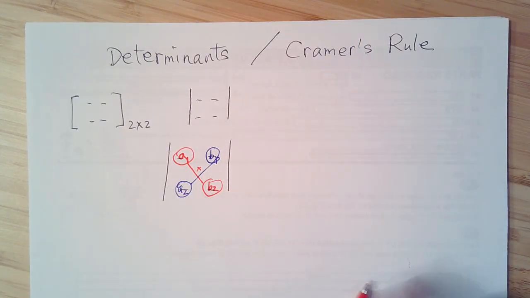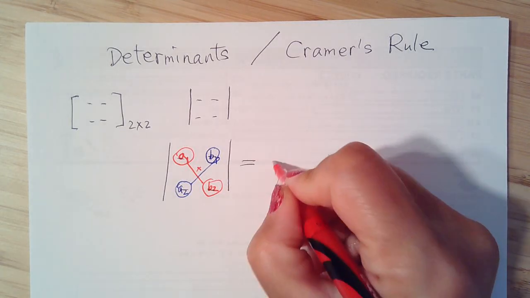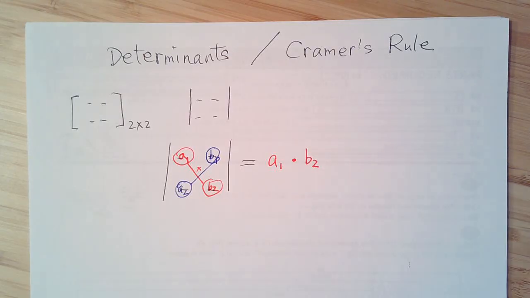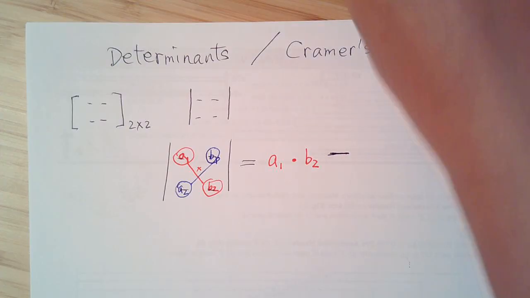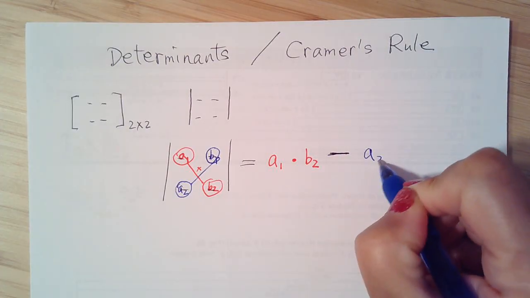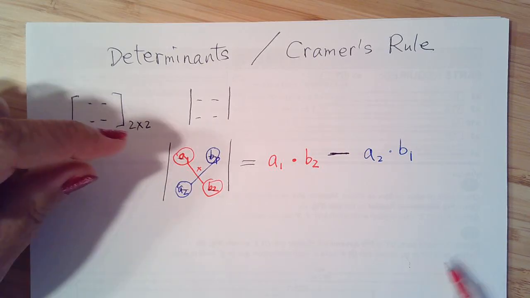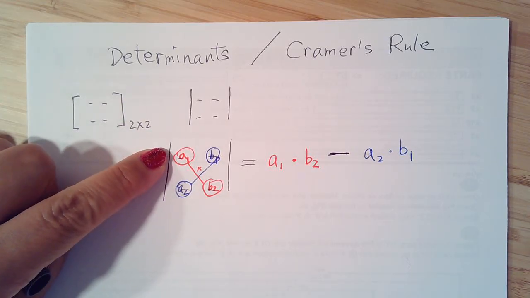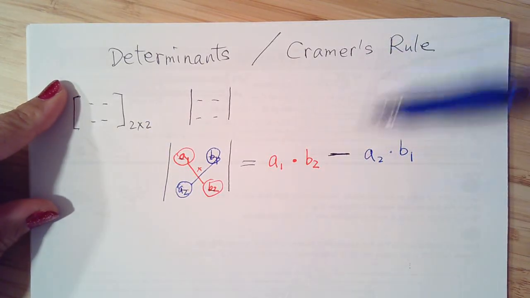So the determinant equals A1 times B2, minus A2 times B1. What do you think? The easy way to remember that is always start from the top left. You multiply down, and you subtract the other product.